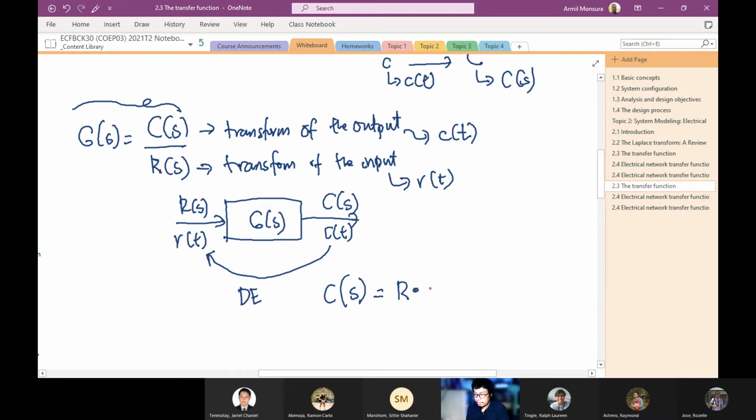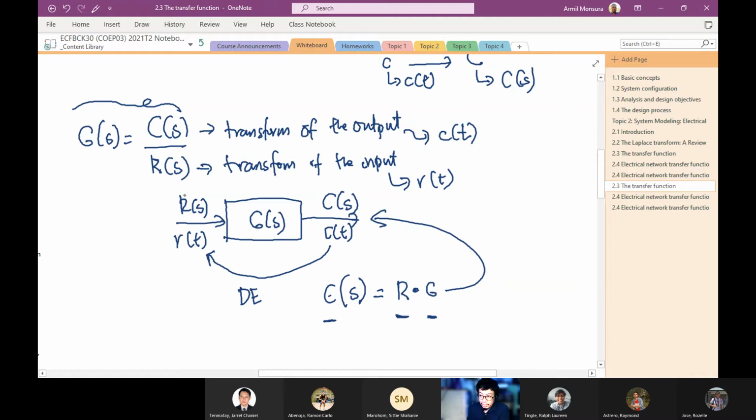So, ang sinasabi nito is that, pag pala yung Laplace transform ng input ko ay minultiply ko sa transfer function ng system ko, okay? I can obtain the Laplace transform of the output. And this is how intuitive this transfer function is. Itong formula na to can actually be read from this block diagram. Mababasa nyo yan dito.